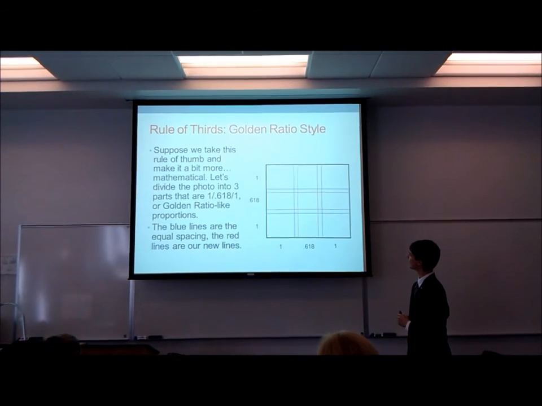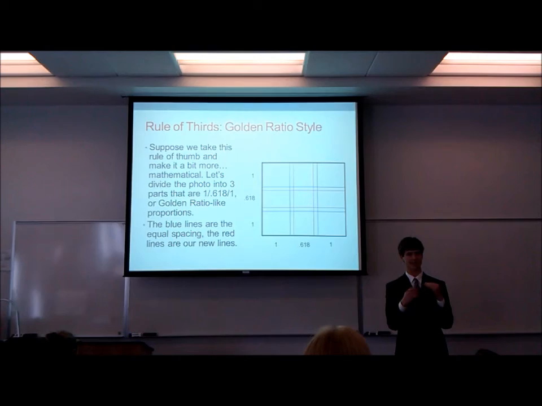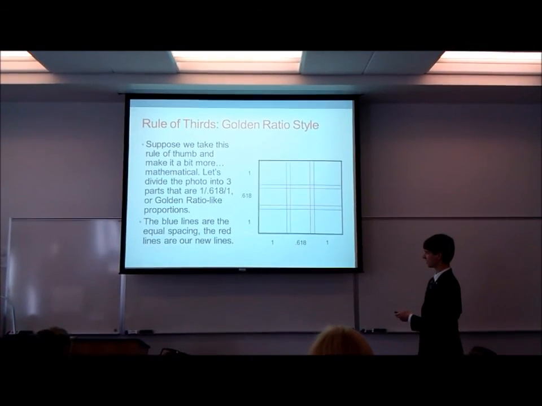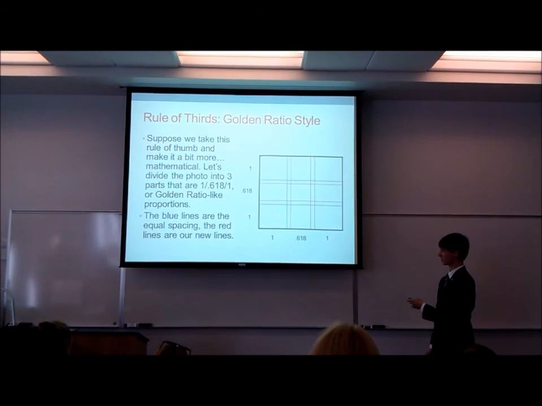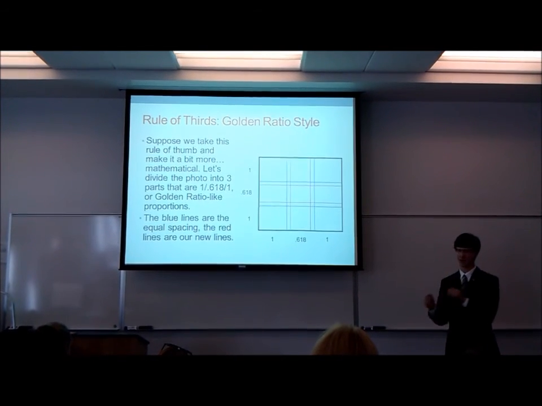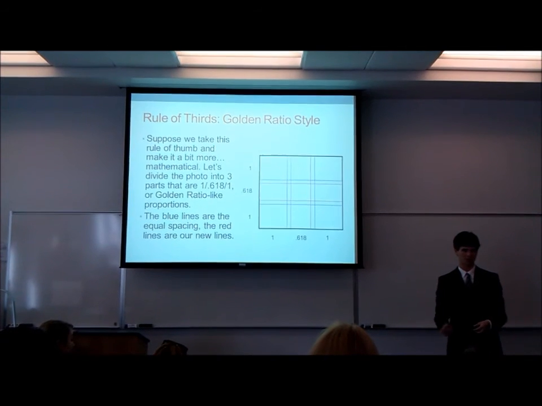So it's more of a ratio. It's not exact like measurements. Basically, this is a square frame. So if you took all these lengths, this is 1 to 0.618 to 1. And if you were to add those together, that's like the whole frame. So there's basically 2 larger sections and the smaller section in the middle. Does that make sense? Yeah.